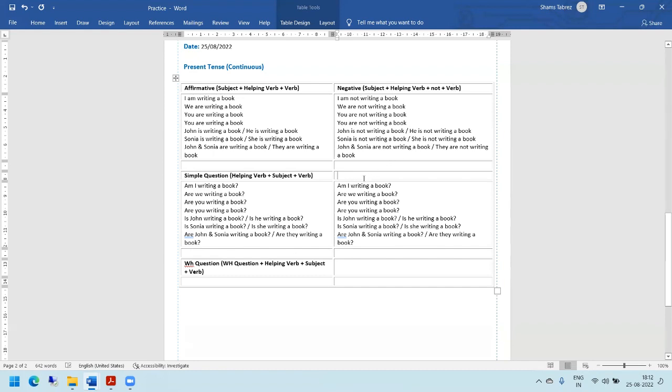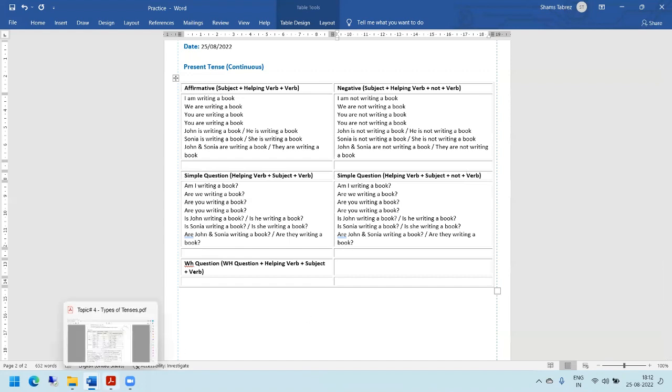Sorry, if we want to add "not" here, then it should be after the helping verb. So "not" should be before the verb.